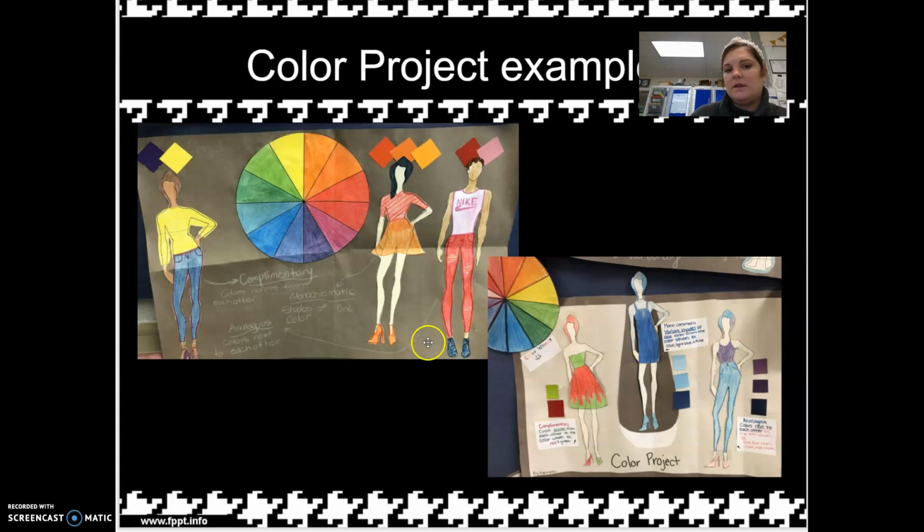These are also in the hall right now if you have a moment, and then you can step out and take a look at several of these. The bottom one is also a great example. They did not have room on their sheet for the color wheel, so she just added it up here in the corner, and it works perfect. Both of these are great examples. They are nice, neat, well done.